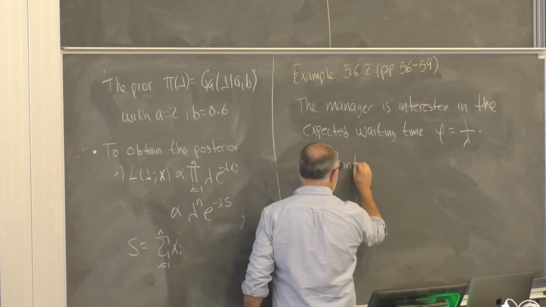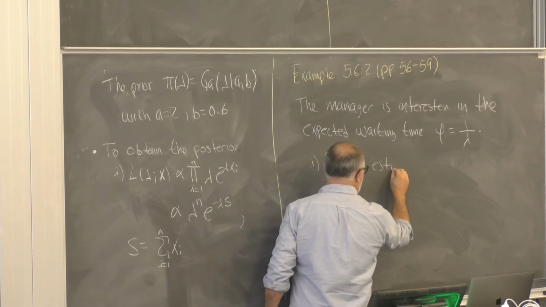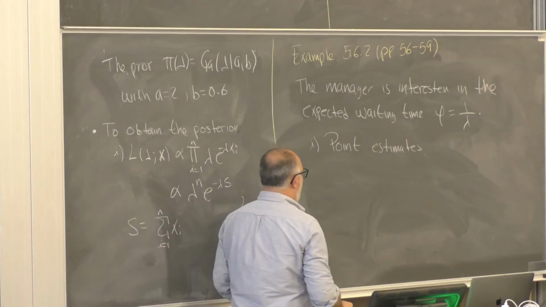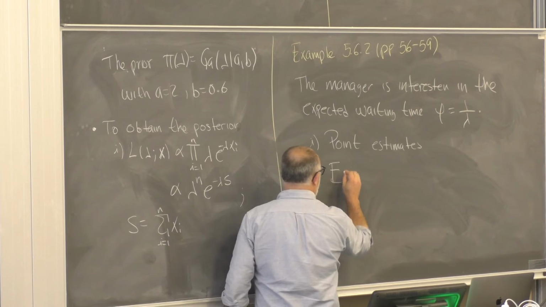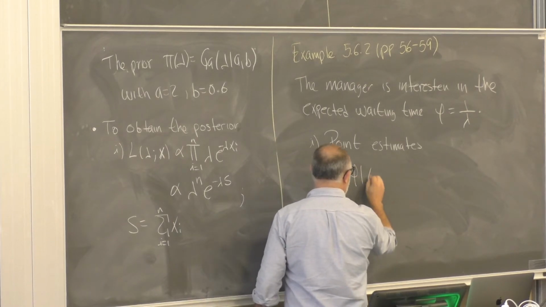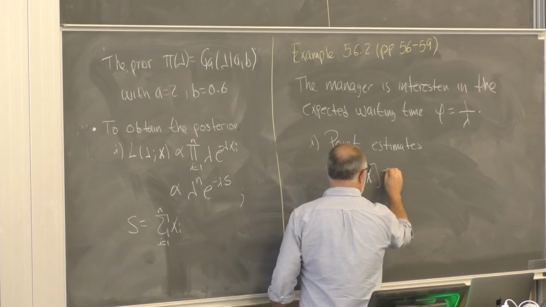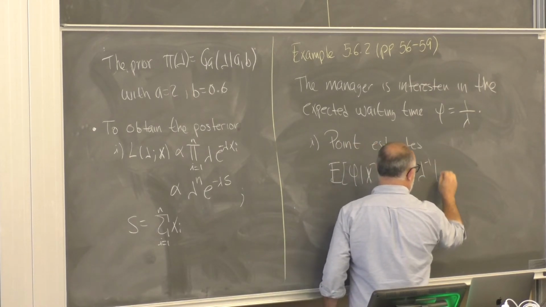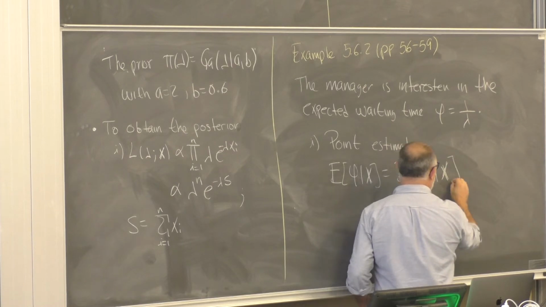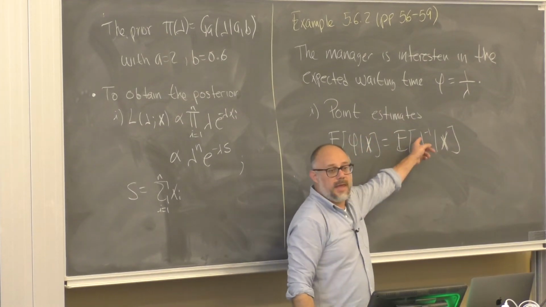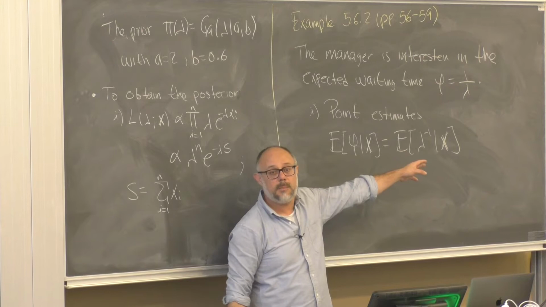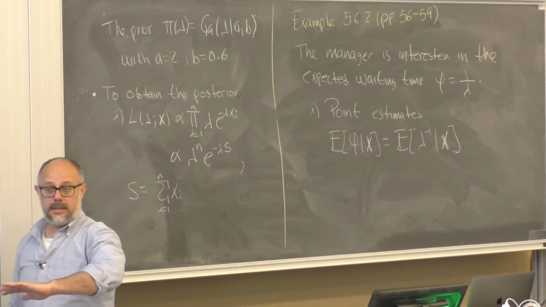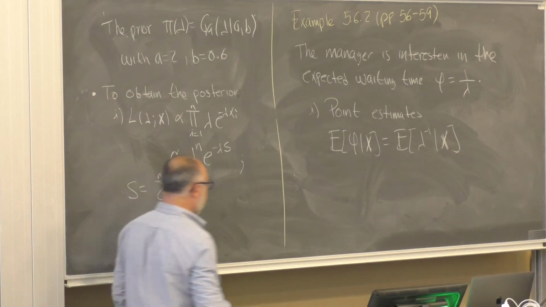If I want to calculate point estimates, I would need to calculate the expected value of phi given the data, and this is the expected value of lambda to the minus 1 given the data. So for this point estimate, I can use the posterior distribution of lambda to calculate that mean.